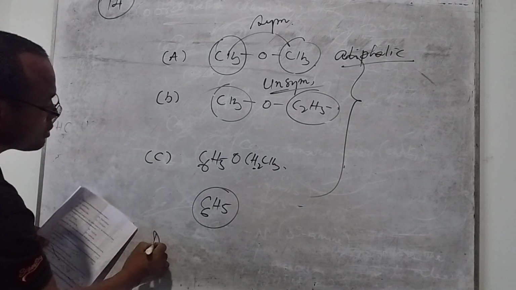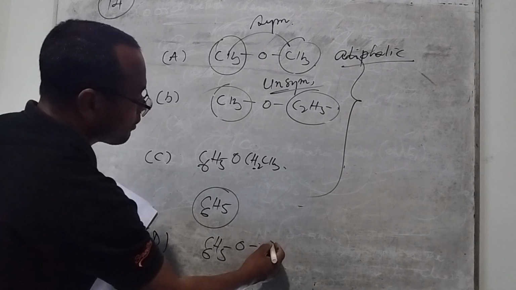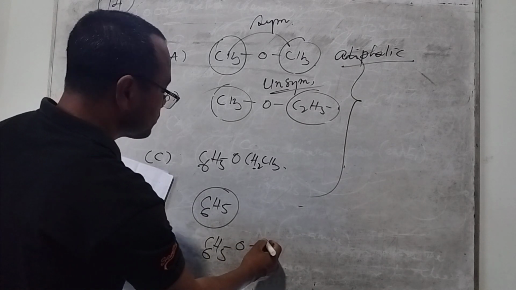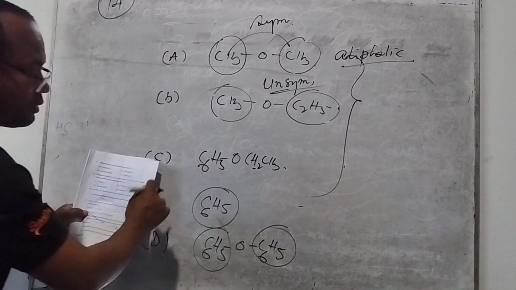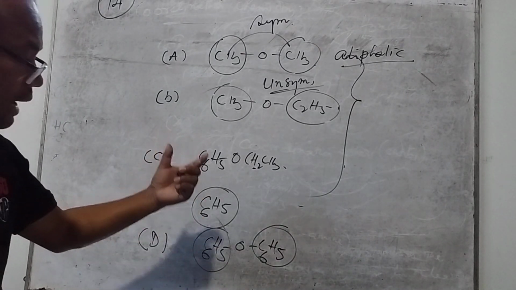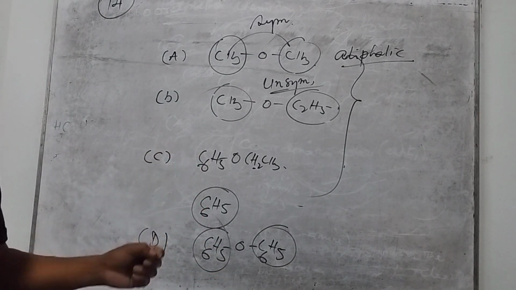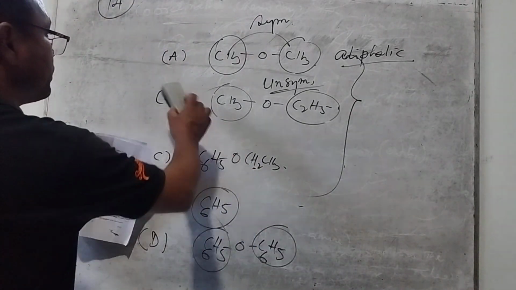But the last, D, what are aromatic? If these two are aromatic, that ether is not possible to prepare by Williamson synthesis. What's the reason? I show you here.